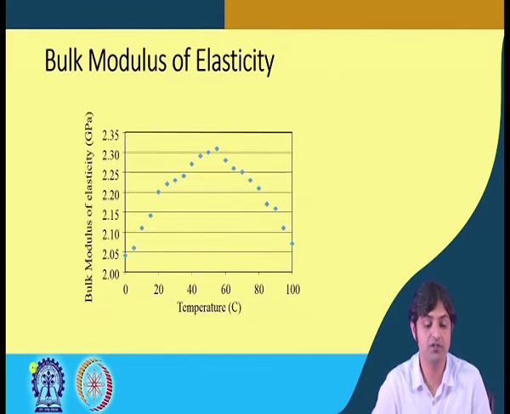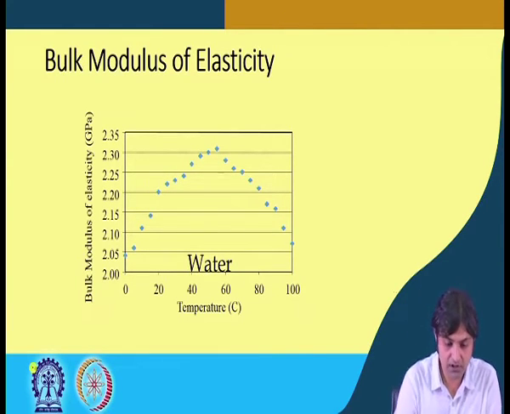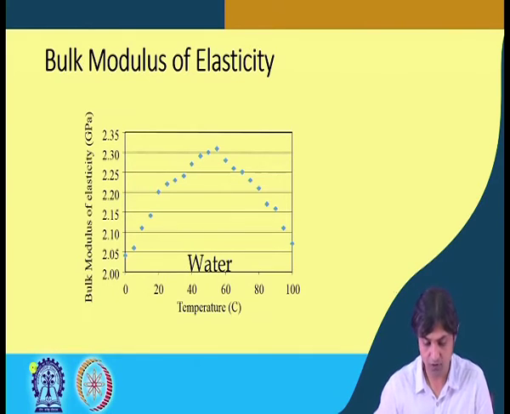These are the normal ranges of temperature in air. 100 degrees is very rare, but the most common ones are 0 to 30 degrees. In India it can be 0 to 40 degrees. So I'm sorry, this bulk modulus is for water.